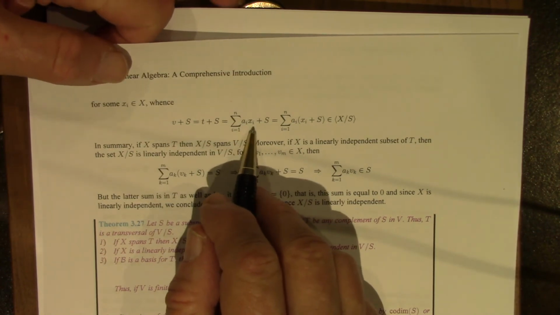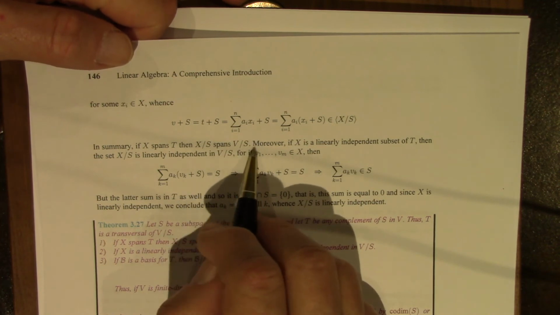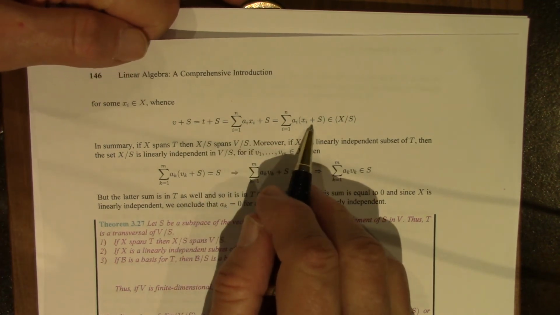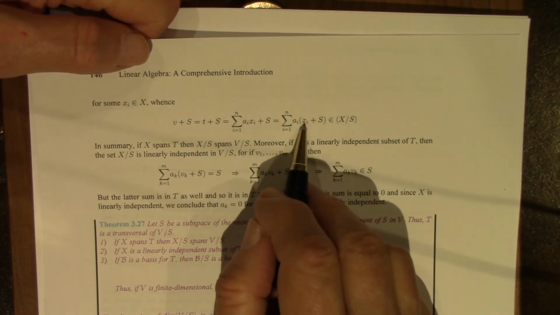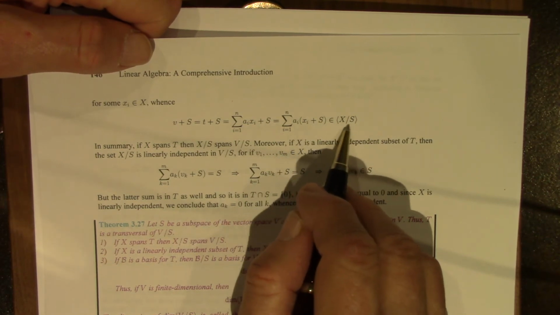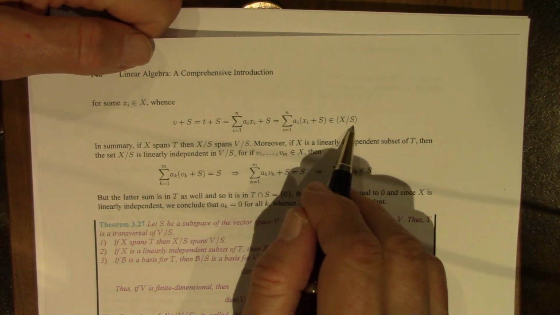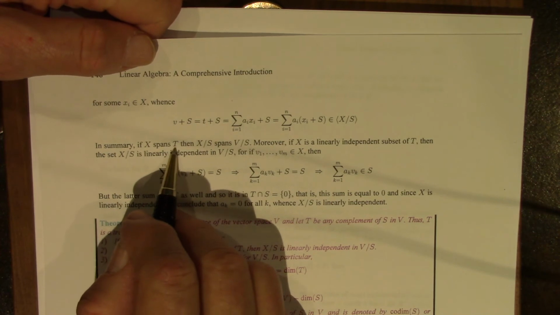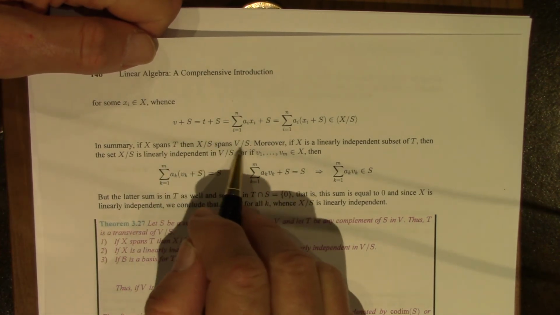Coset arithmetic, and by that I mean the coset operations of coset addition and scalar multiplication, allow us to write it this way. And this is a linear combination of these cosets that come from this set X mod S. So if X spans T, X mod S spans V mod S.